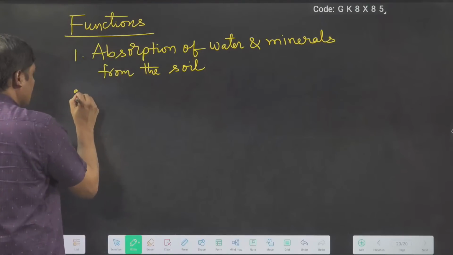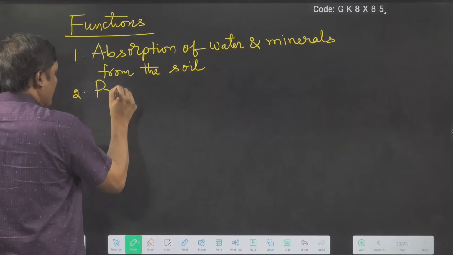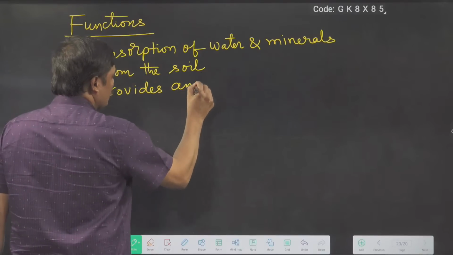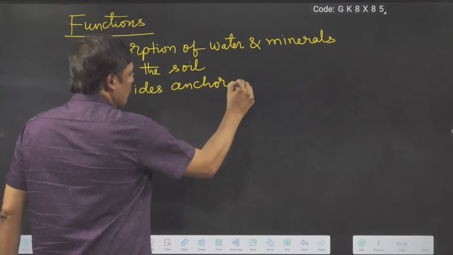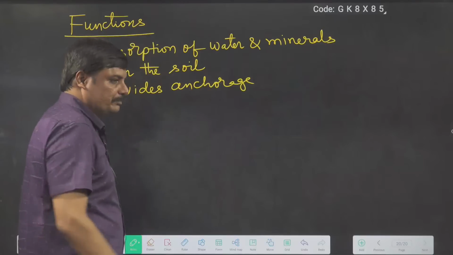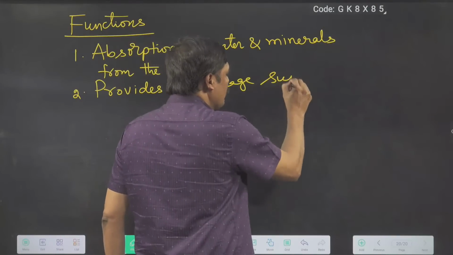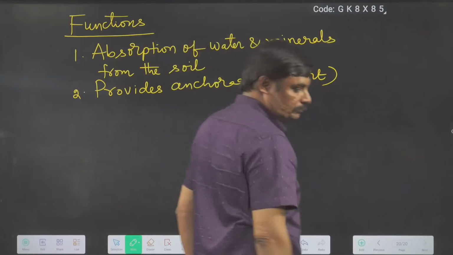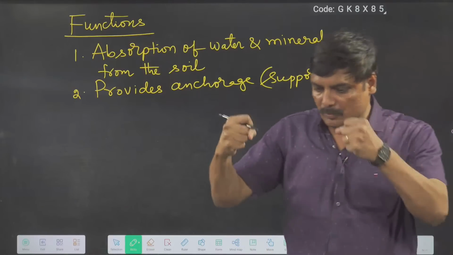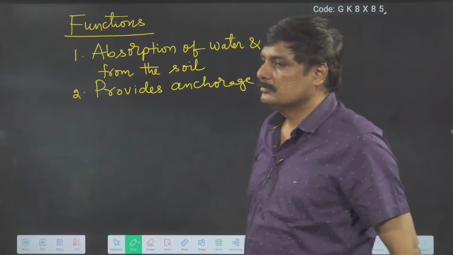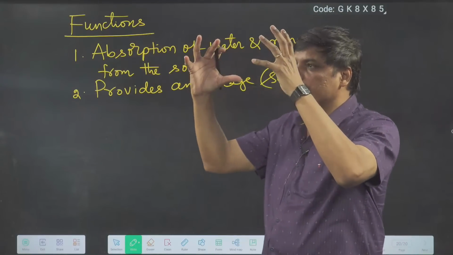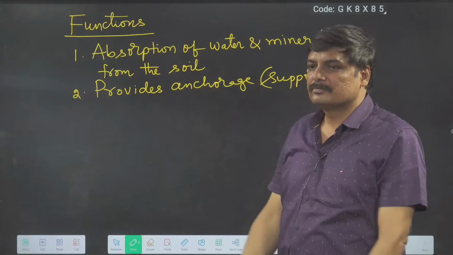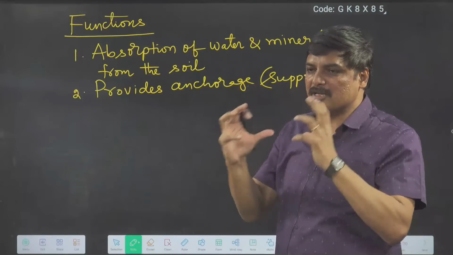Second one, it provides anchorage, that means support to the whole plant. It gives support to the whole plant. The whole shoot system is supported on the root system, that provides anchorage, support.